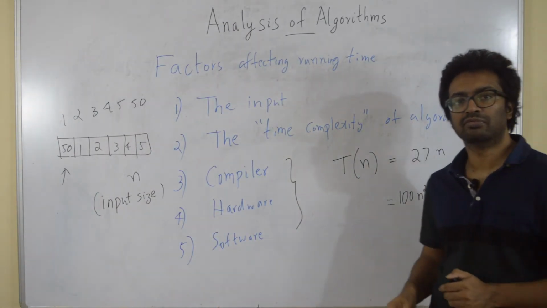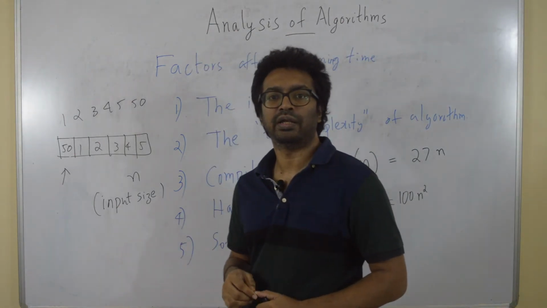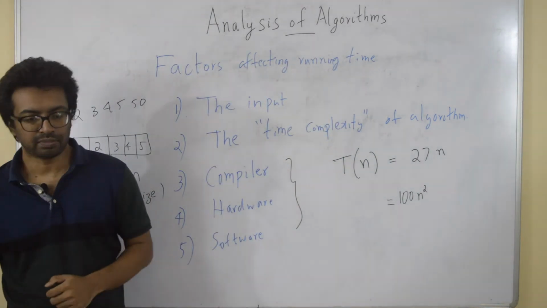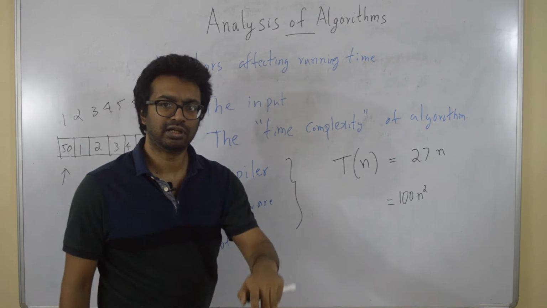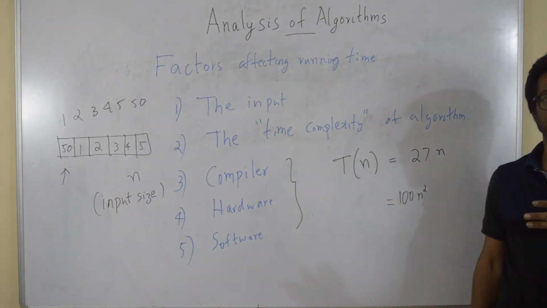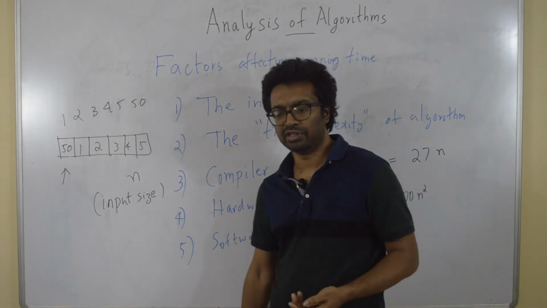Your sorting algorithm will work faster for certain kinds of input and slower for certain other input. We'll go through some sorting algorithms a little later, but since you have already seen them as part of your earlier courses, you might be familiar with this.